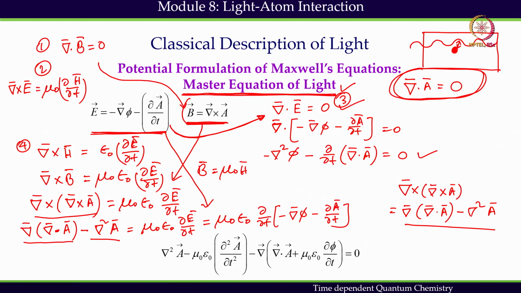If I shuffle these equations a little bit, this is the equation we finally get. We have this del square part here, and then we have the time derivative part. This is the double derivative, the second derivative with respect to time.